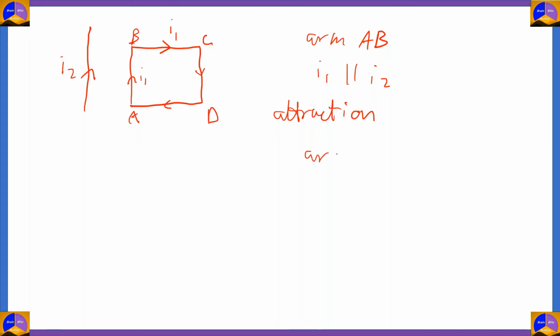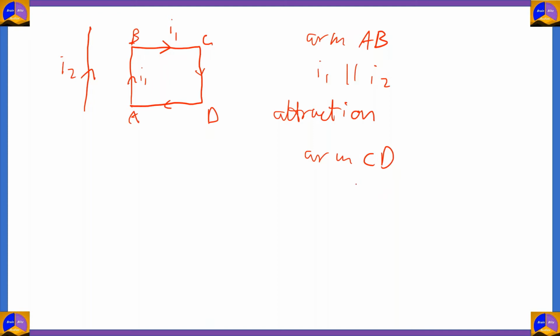For the arm CD, you notice that the current is flowing in the exact opposite direction in the loop as compared to the straight wire. I1 is flowing in the minus k direction, I2 is flowing in the plus k direction, for example.